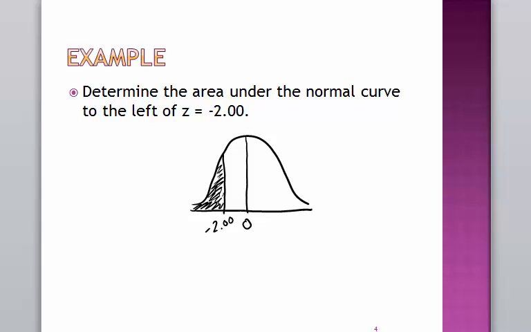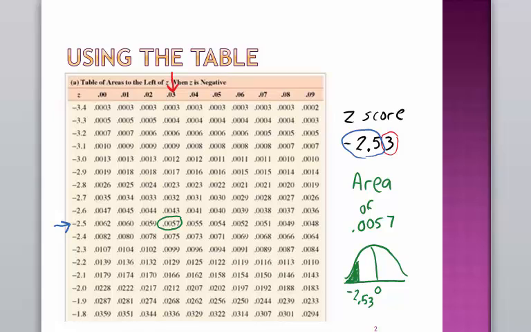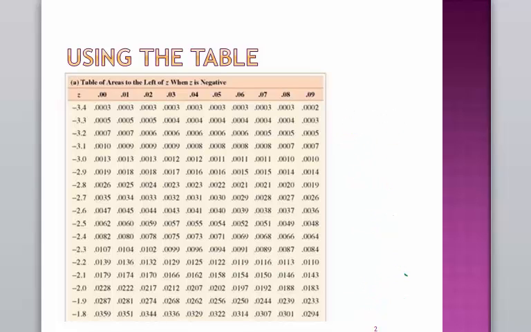So remember that our table allows us to look up the area to the left of a z-score. So we're going to go back to the table that has the negative z-scores, and we're going to look this up. Our z-score was negative 2.00, and so we need to find the area that goes with that. Again, first two digits we'll use down the left-hand side.